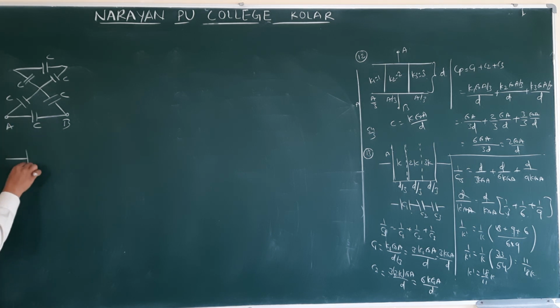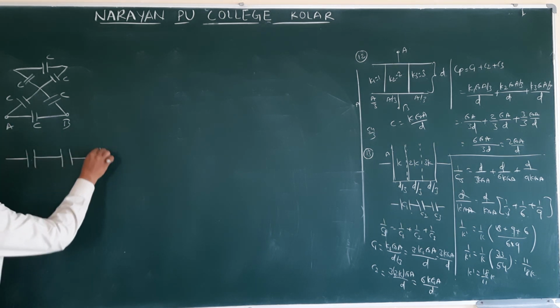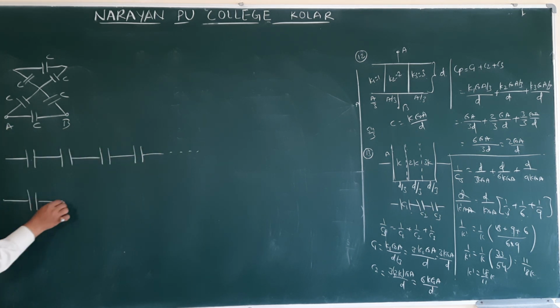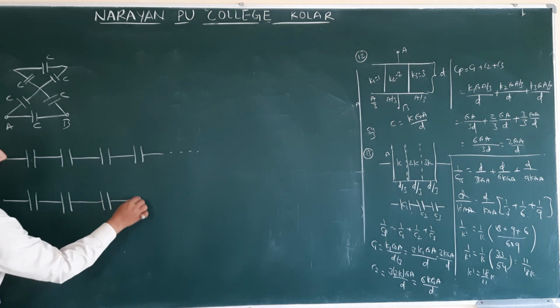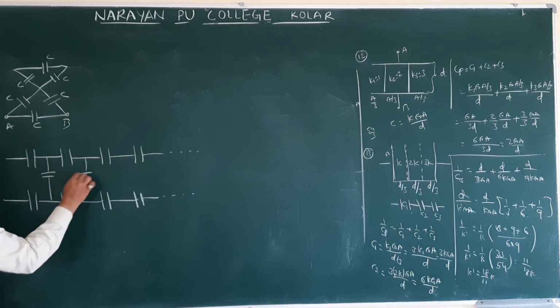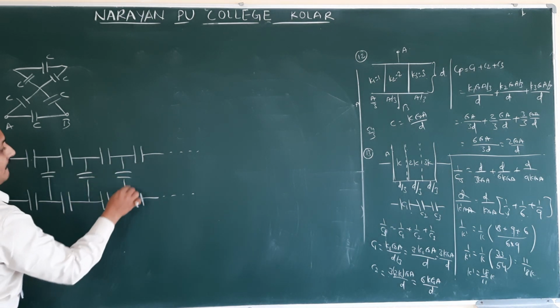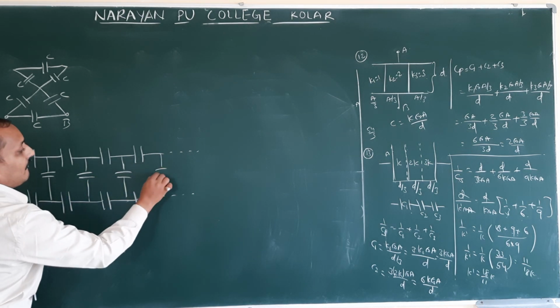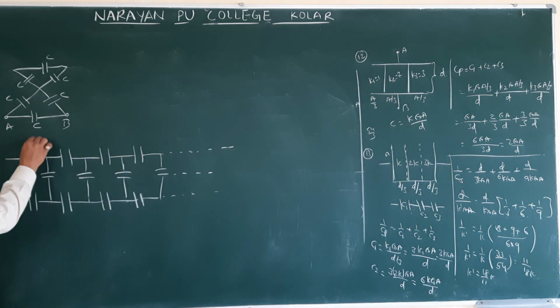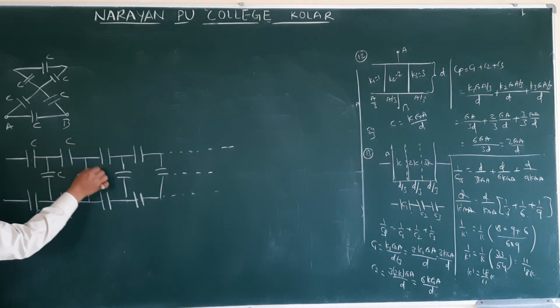Another one is the ladder problem, because we are going to discuss this in resistance also. I will explain how to solve this one as well. This goes up to infinity. For all capacitances we can take C.